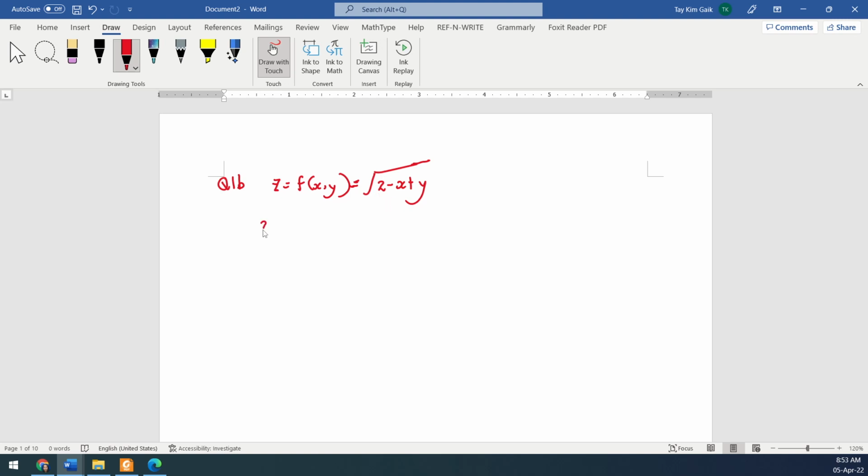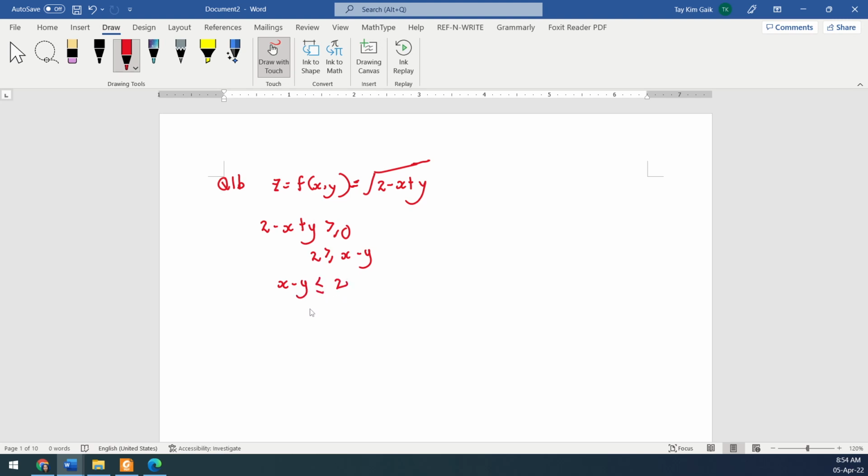That's why you set 2 minus x plus y greater than or equal to 0. If you do not set this one, later you have a square root with a negative number inside, and then it becomes a complex number. So to avoid the complex number, we set 2 minus x plus y greater than or equal to 0. That's why 2 is greater than or equal to x minus y, or x minus y less than or equal to 2.